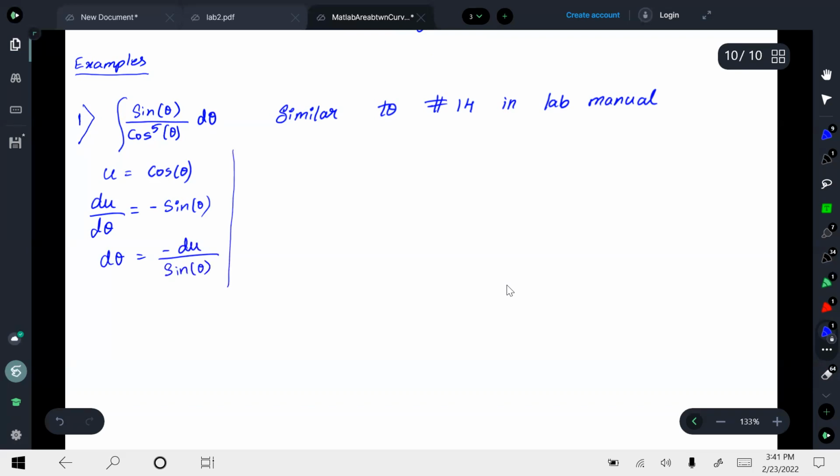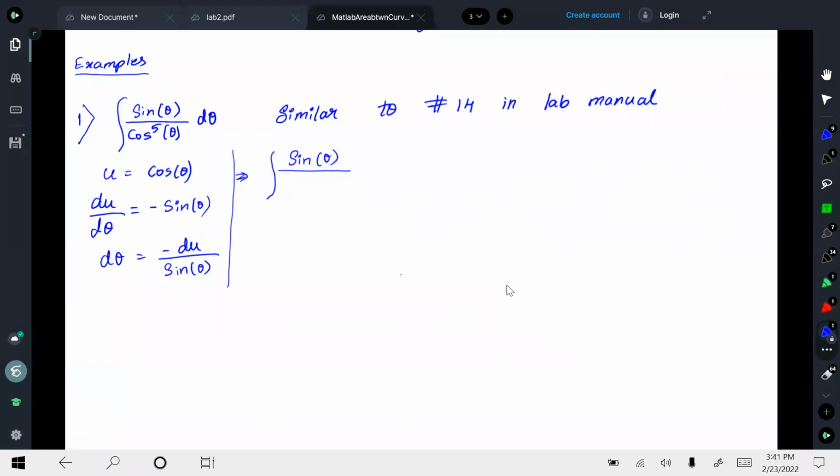Now I'm going to plug all these functions into the integral. I'll keep sine of theta as it is, divided by cos of theta, which is u, but we have the power of 5, so u to the power of 5, into d theta.